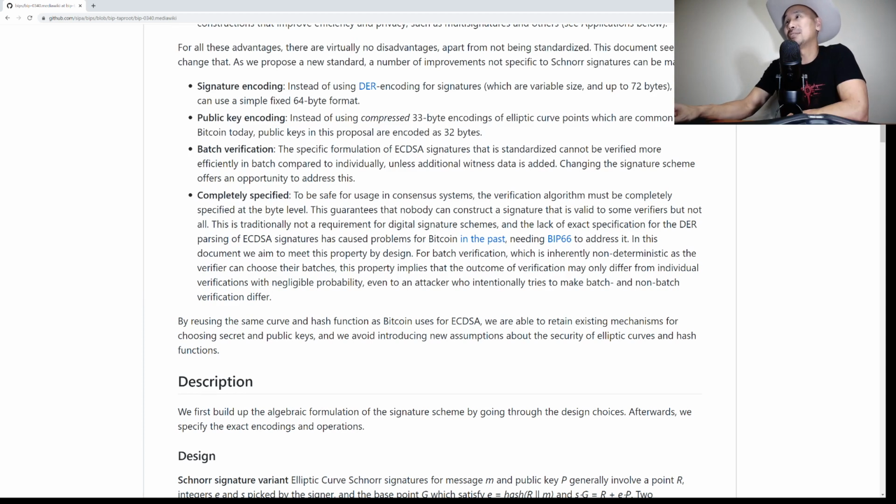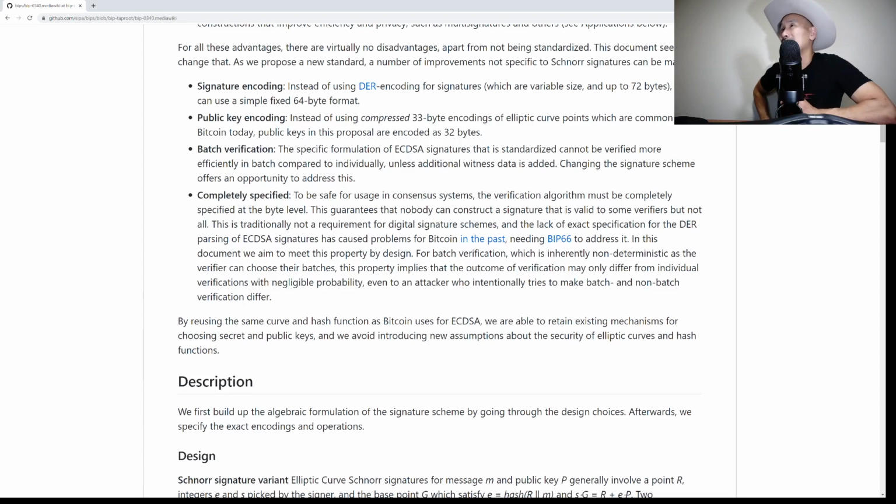Completely specified. To be safe for usage in consensus systems, the verification algorithm must be completely specified at the byte level. This guarantees that nobody can construct a signature that is valid to some verifiers, but not all. This is traditionally not a requirement for digital signature schemes, and the lack of exact specification for the DER parsing of ECDSA signatures has caused problems for Bitcoin in the past, needing BIP-66 to address it.